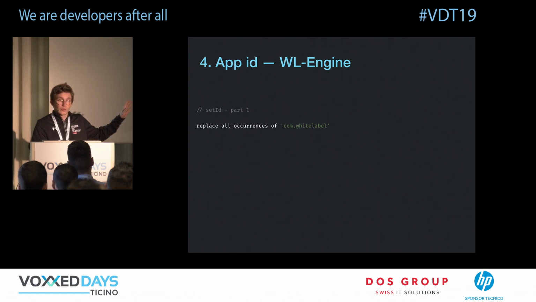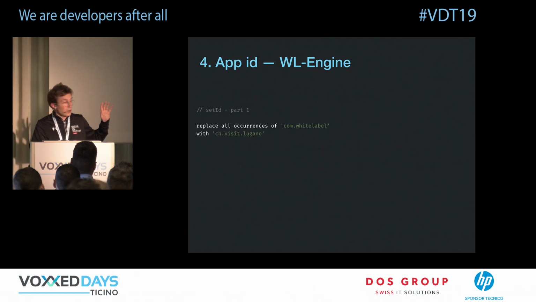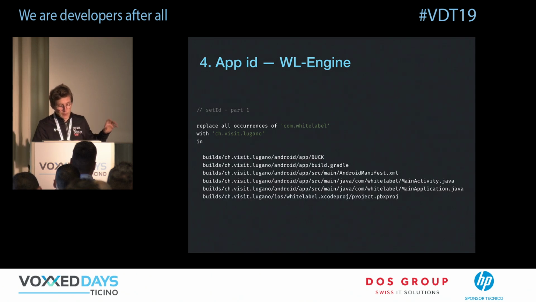It's the default ID for the React Native project we set up. It will replace all these occurrences with the ID we want, in our case, ch visit Lugano. So we will open all these files, select com whitelabel, and replace it with ch visit Lugano. That's what we need to do first.